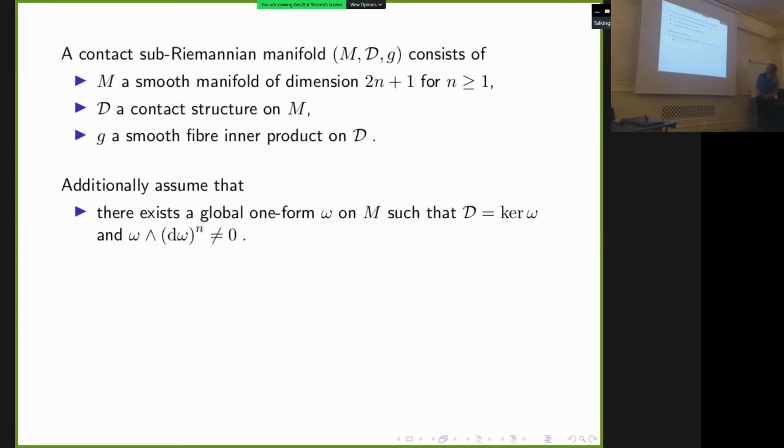And to highlight what is meant by D being a contact structure on M, it's going to be a rank 2n distribution on your manifold of dimension 2n plus 1.